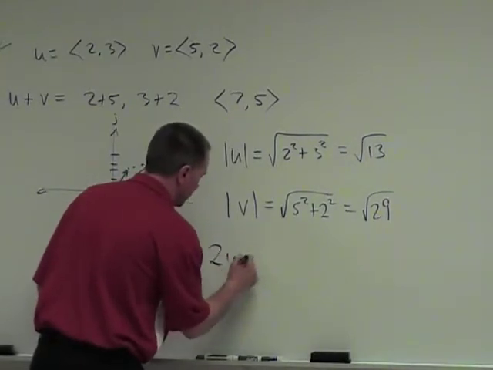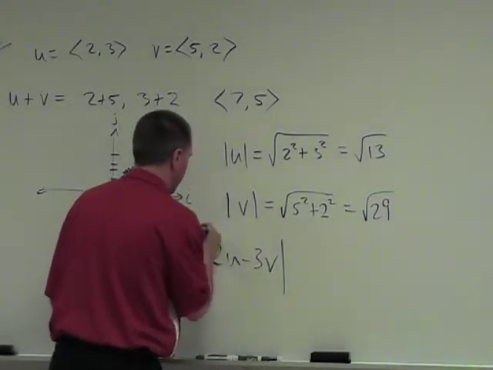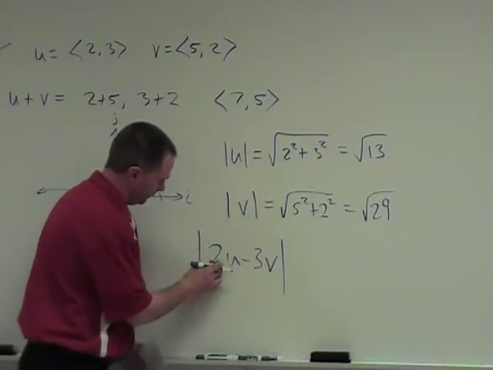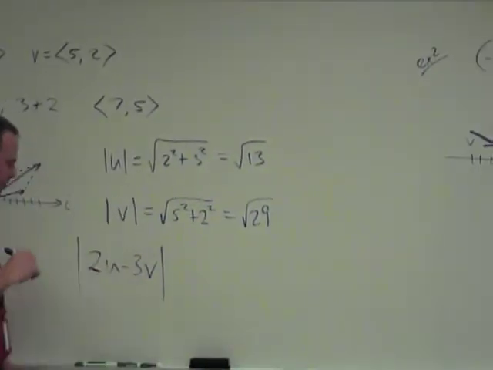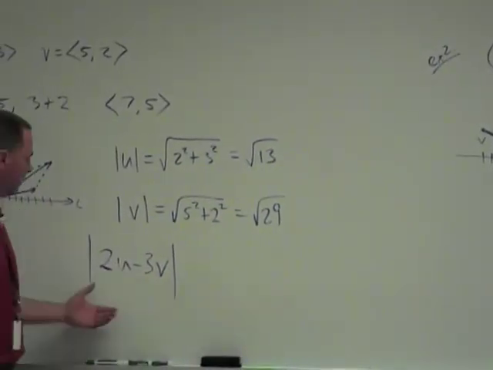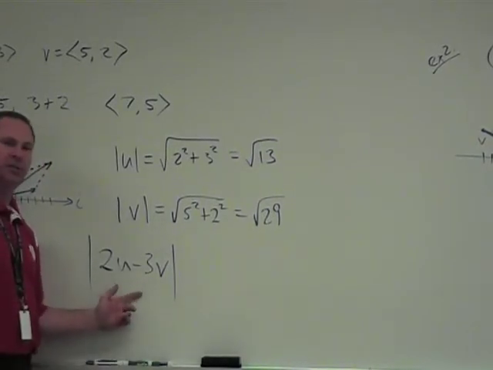2u minus 3v, and I want the magnitude of that. So these are like grouping symbols. You got to do what's inside first.